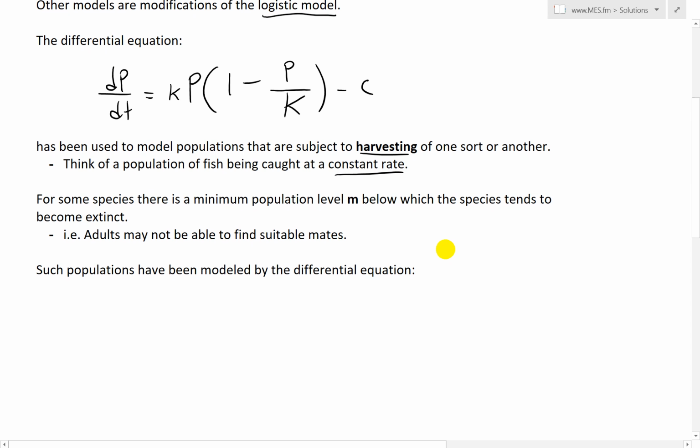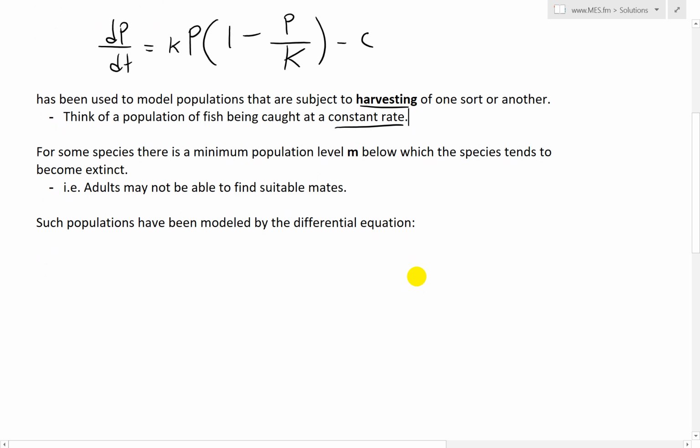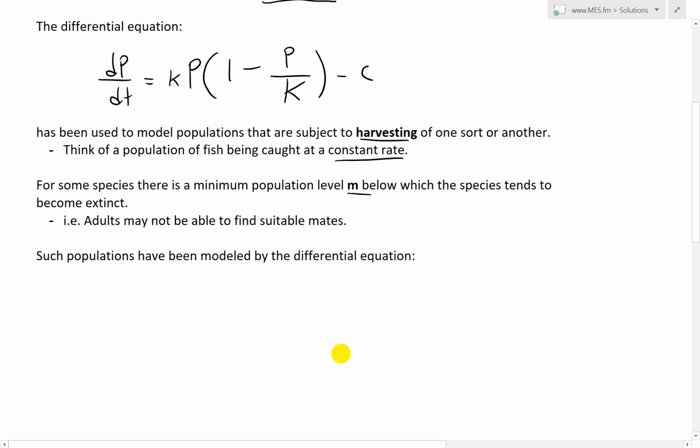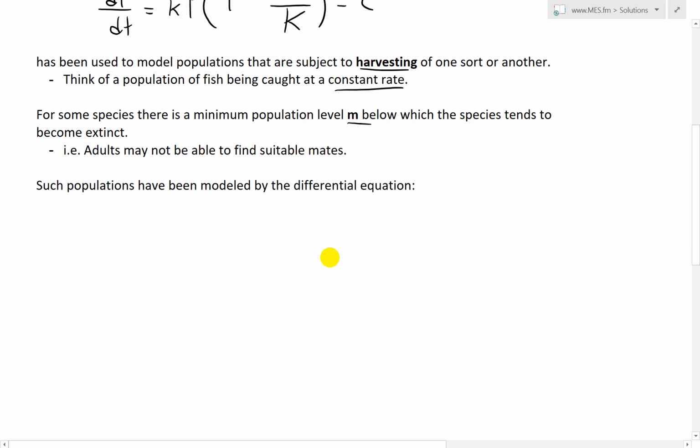Now, other such models or populations, or for some species, there is a minimum population level below which the species tends to become extinct, i.e. adults may not be able to find suitable mates. Basically because the population is just too spread out, and then eventually they'll go extinct.